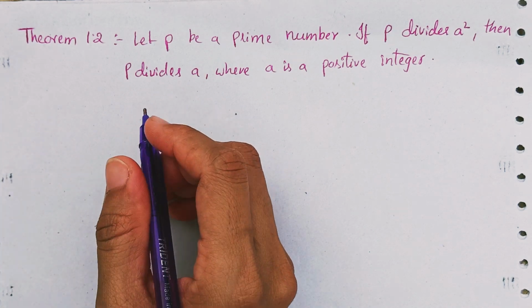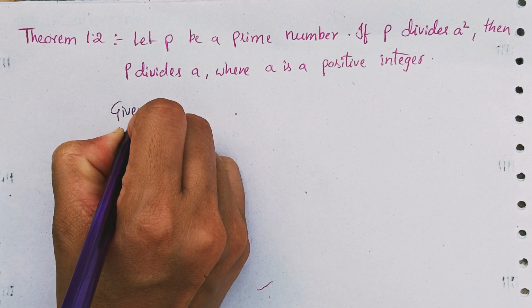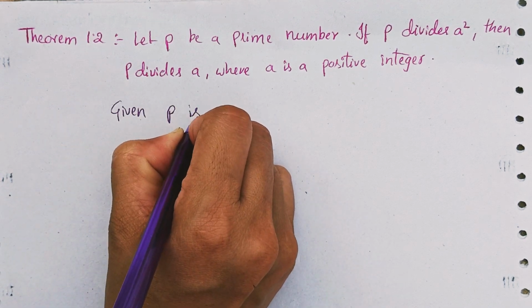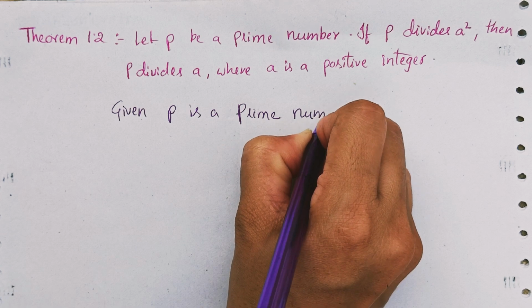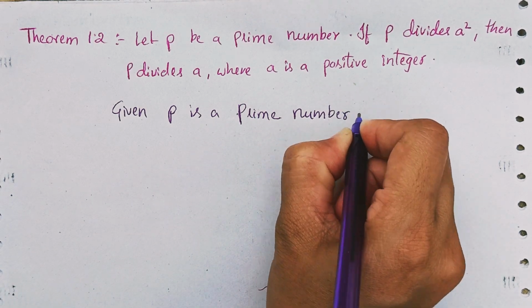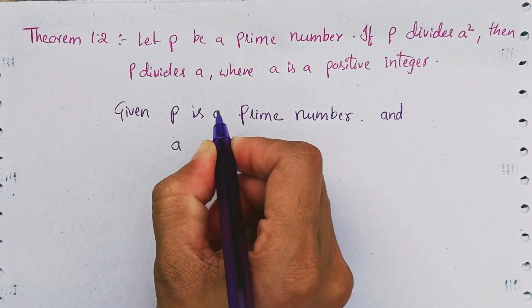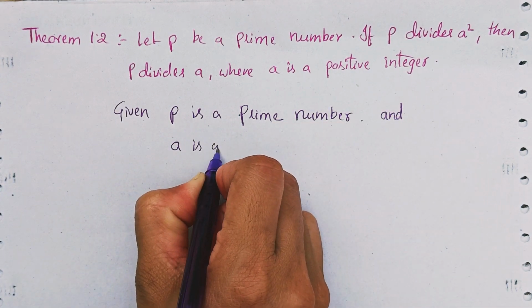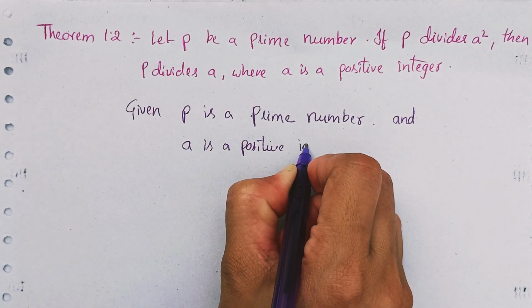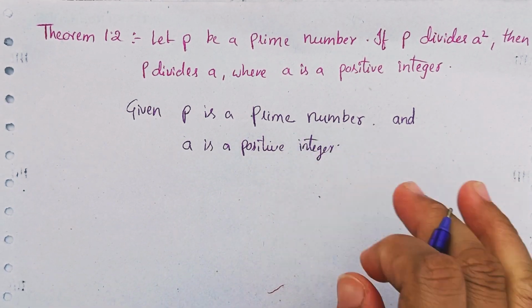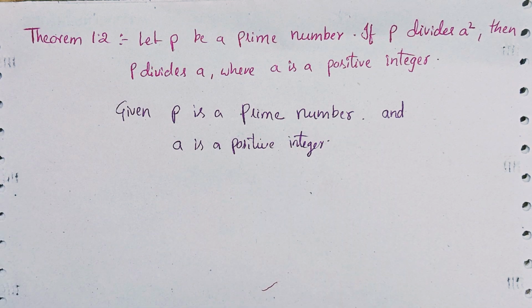First of all, we'll write whatever is given here. Given: p is a prime number, and a is a positive integer.